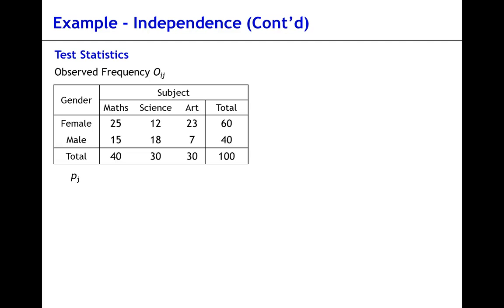To get P sub 1, we take the column total of 40 and divide it by the overall total of 100 to get 40 over 100. To get P sub 2, we take the column total of 30 and divide it by the overall total of 100 to get 30 over 100. Do the same for P sub 3.